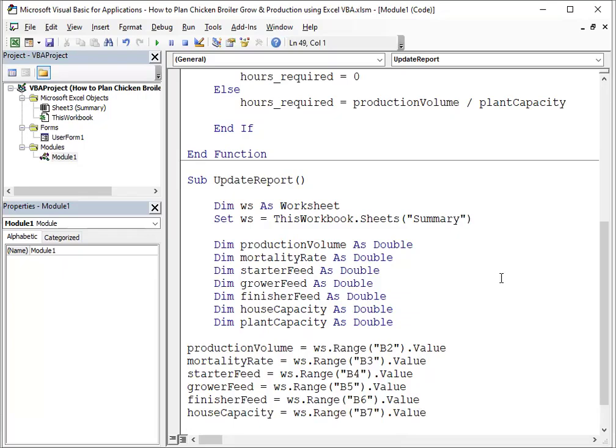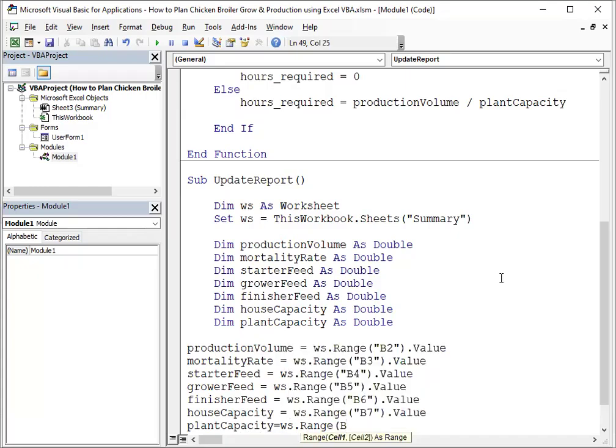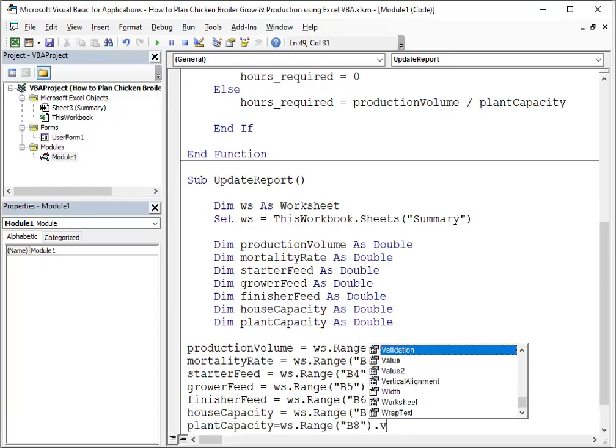The last one would be the plant capacity, for the hours, equals WS range, this one would be B8, that value.